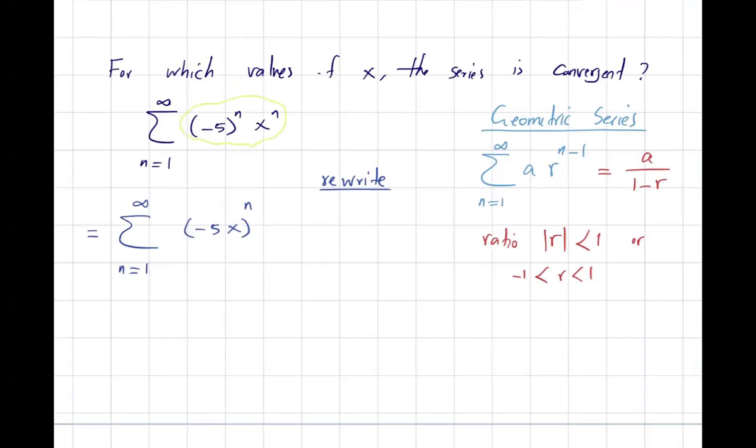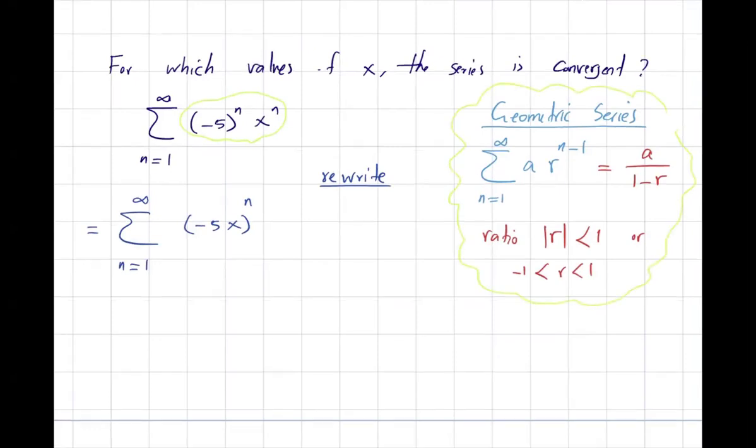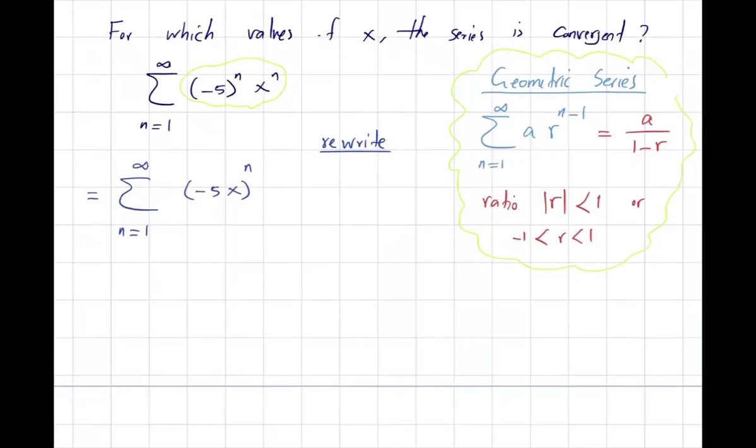And as you can see, it fits into the pattern of a geometric series. But what is the ratio here? The ratio here is -5x. This is your r. And we want to find for which values of x the series is convergent.